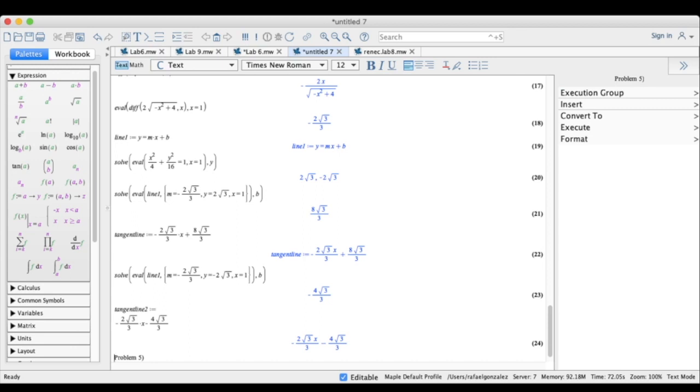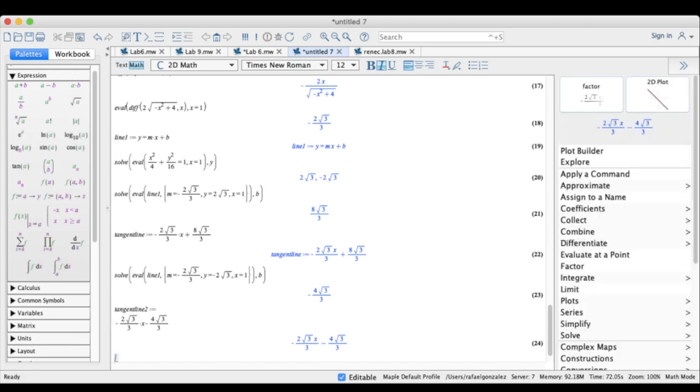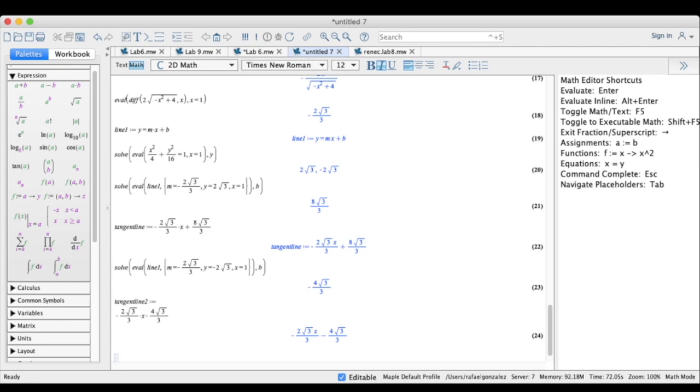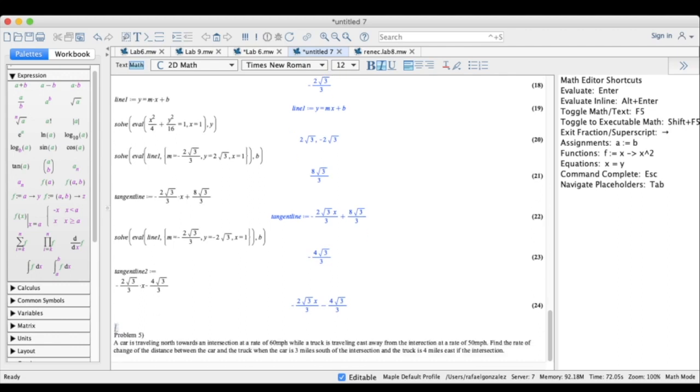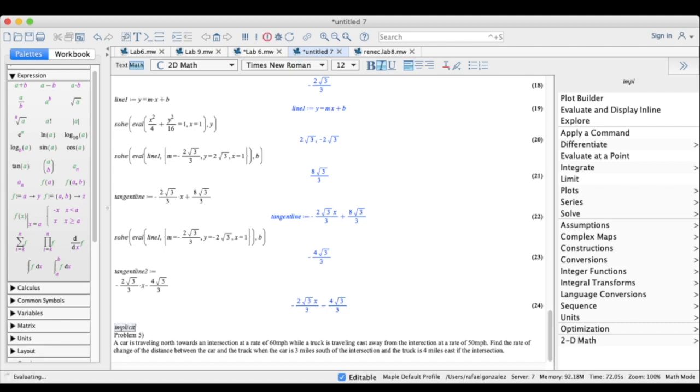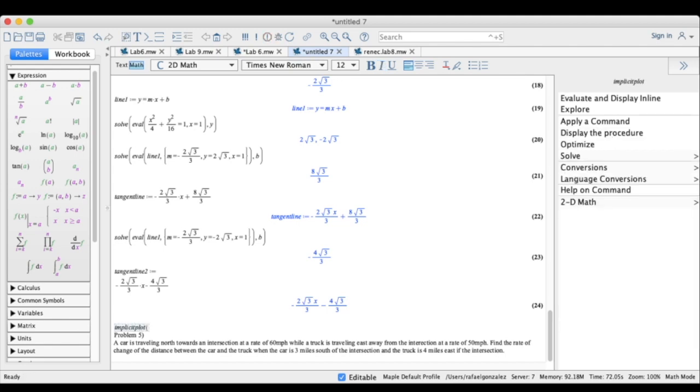And we are almost done. Now we just have to plot everything together. So now I have the equation of the tangent line for both of these. So now we simply will do implicit plot. And we'll plot everything together.